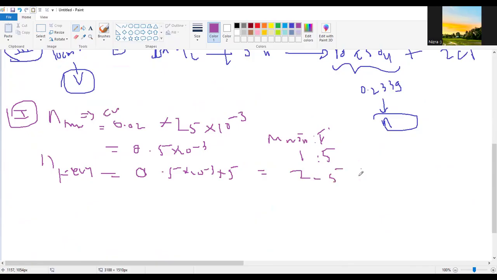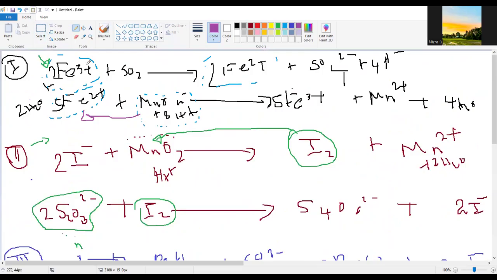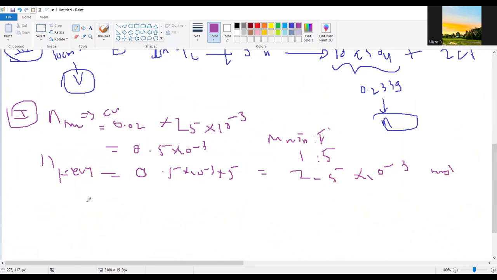That is 2.5 into 10 power minus 3 moles. Then now you can see that Fe3 plus to Fe2 plus ratio is 1:1. No, here 2:2 means 1:1. Therefore, moles of Fe2 plus also 2.5 into 10 power minus 3 moles.